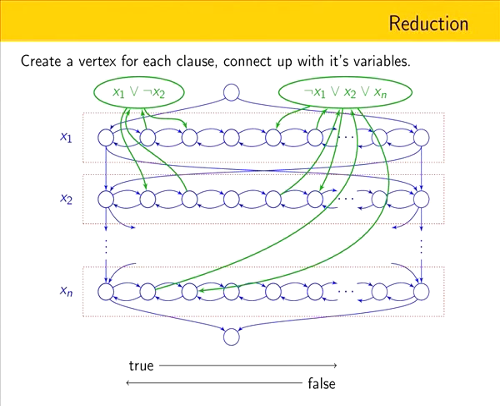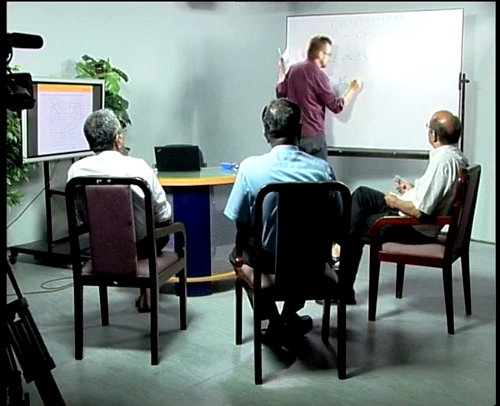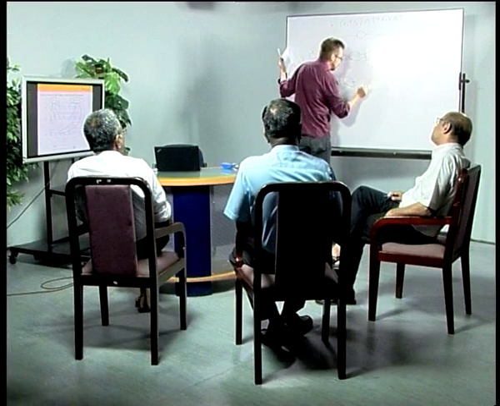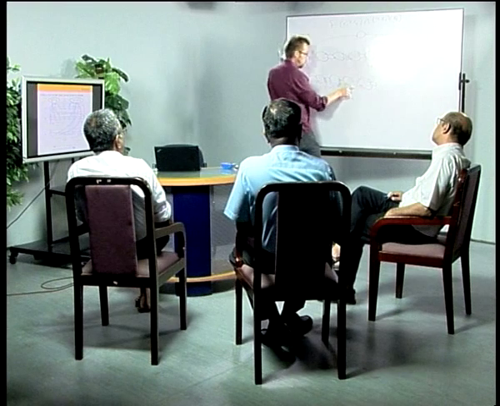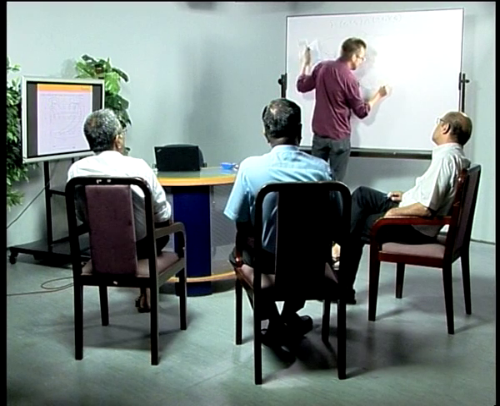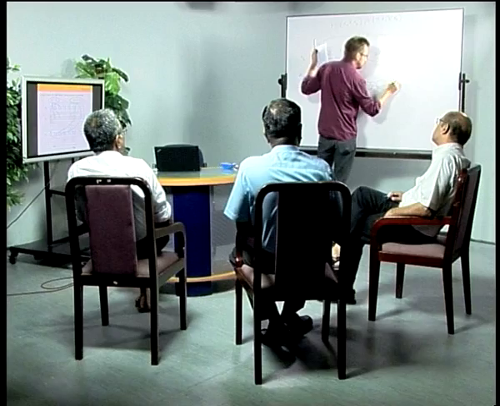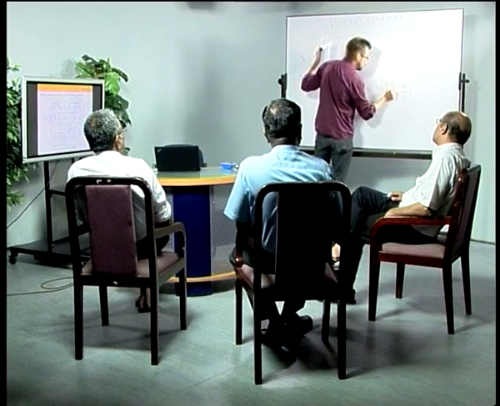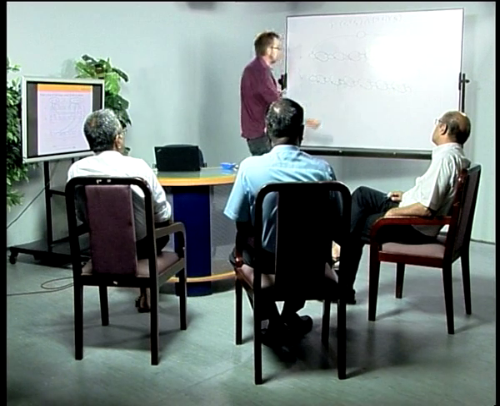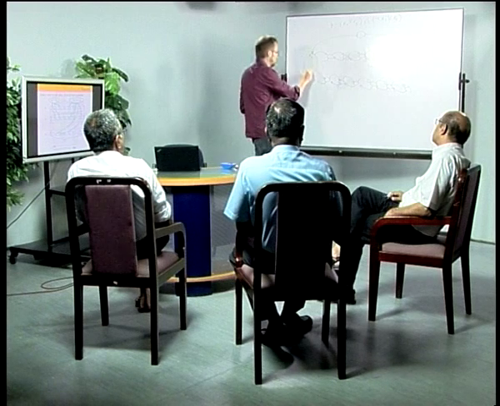Then we're going to do another layer for x2, which also will get 7 vertices: 5, 6, and 7. And then we are able to go straight down.